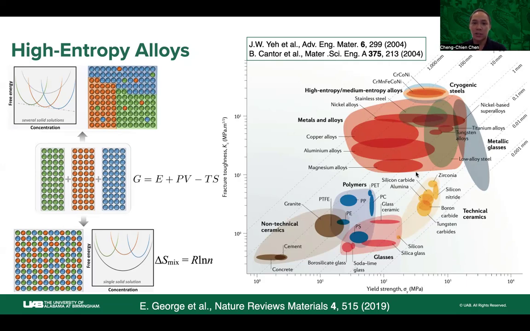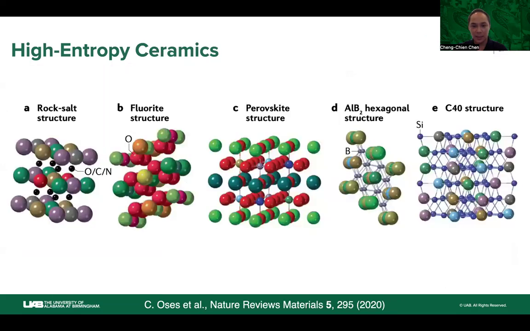The first high-entropy materials were synthesized in 2004, reported in two papers by Jien-Wei Yeh and Cantor. And nowadays, people have extended the concept to also form so-called high-entropy ceramics.